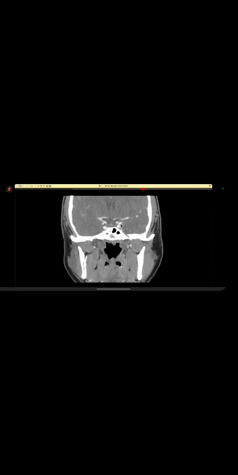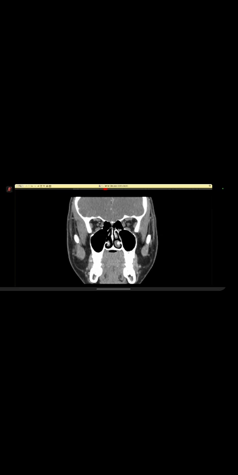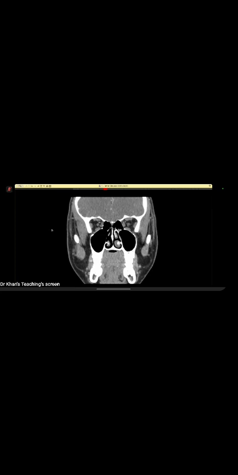So this is nasopharyngeal angiofibroma with extension into the, of course, you will see cases which will go into the intracranial cavity, etc. And here, I just forgot to describe the findings.